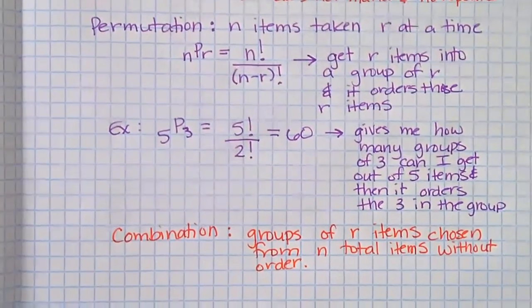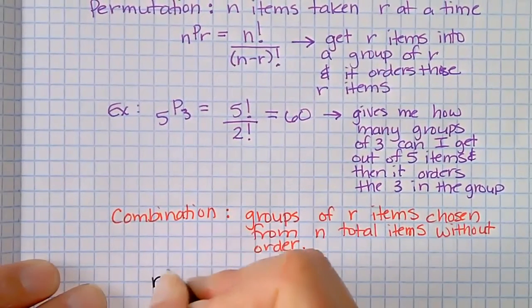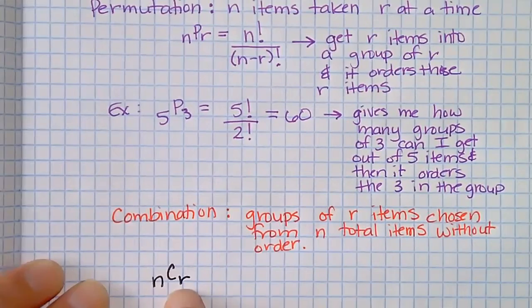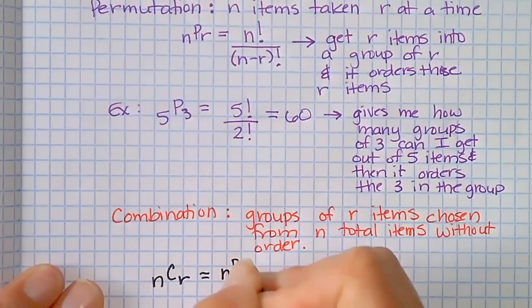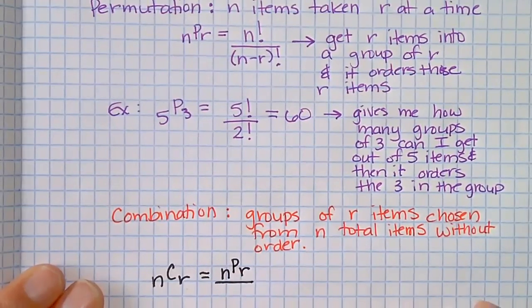So let me write that formula. I'm going to write it in a few different ways. So nCr, I usually read n choose r, is equal to nPr. So I want us to understand how it is related to a permutation. A combination is the permutation of the same amount of items for the same amount of spots.